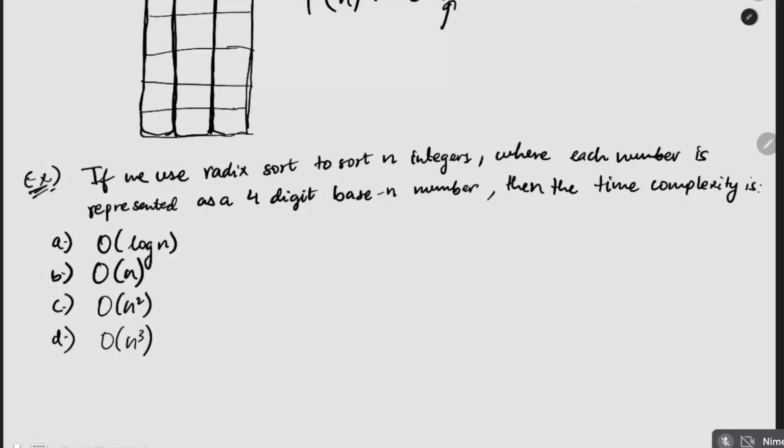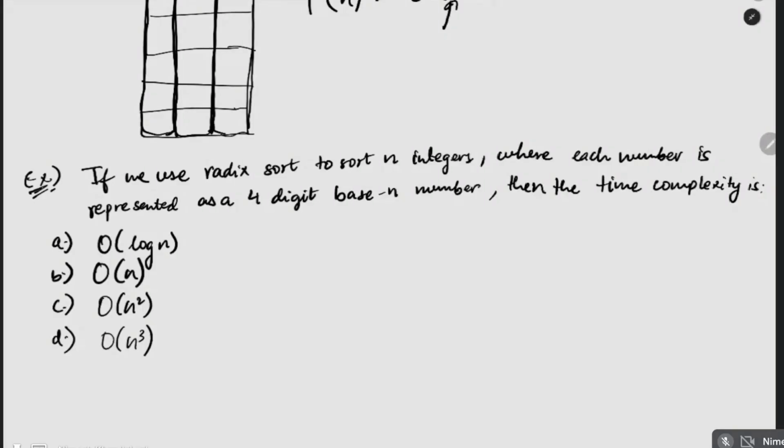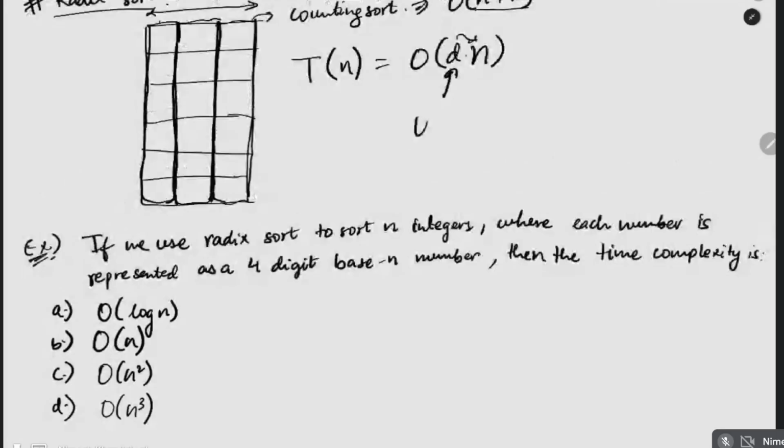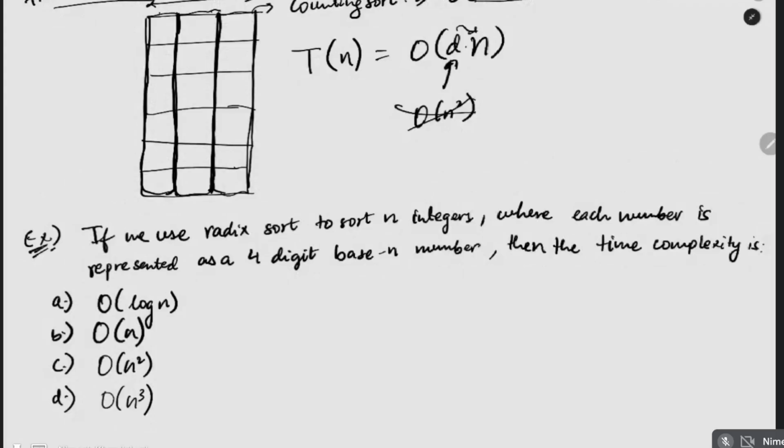The worst case time complexity is not what we are asking. Worst case time complexity is when d becomes of the same order as n, so in the worst case it becomes n squared. This is not what we are asked here.